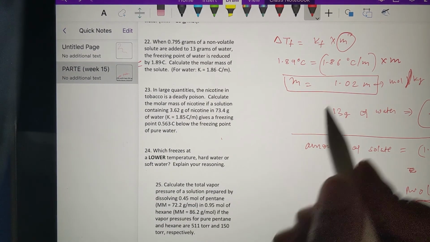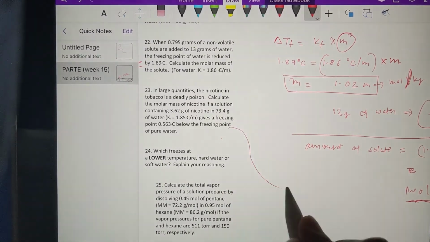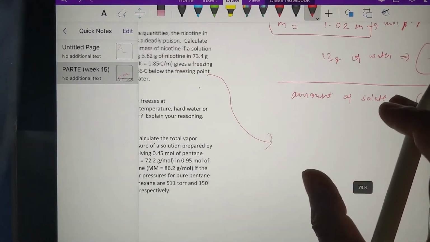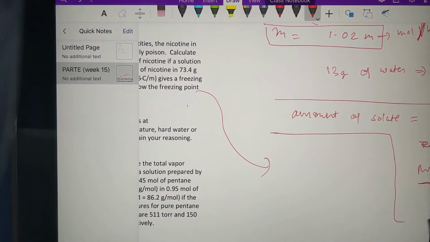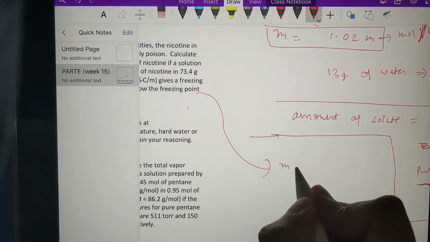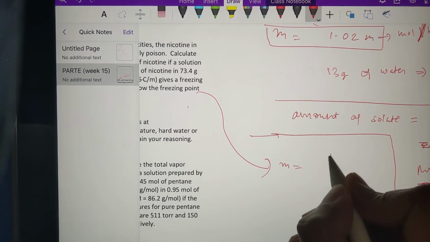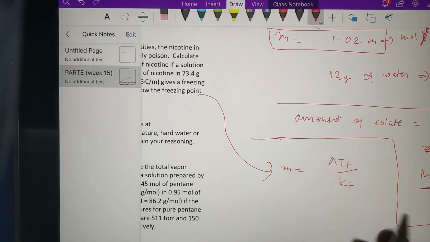So for that, you put the values in the equation here. So first you're gonna calculate the molality of your solute, which in this case is nicotine. So your m is going to be delta Tf divided by Kf.